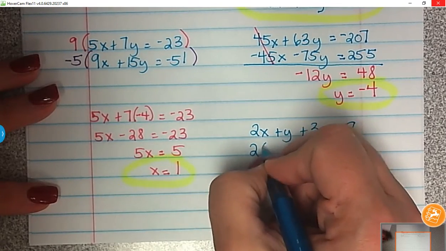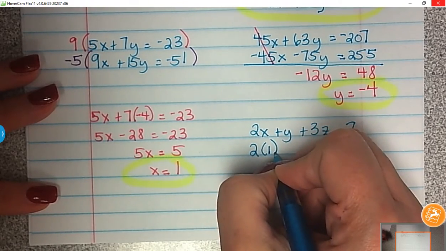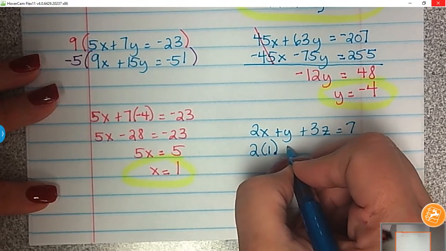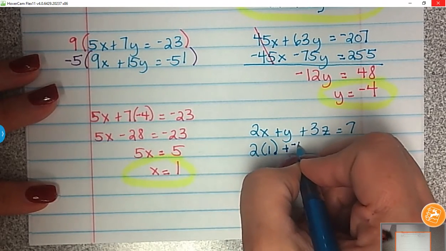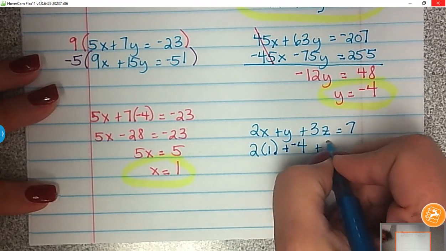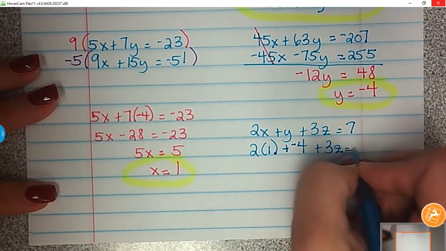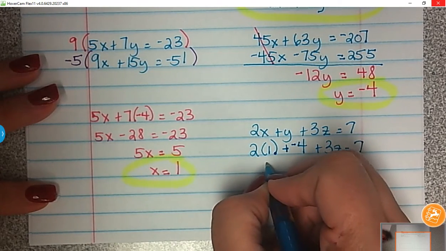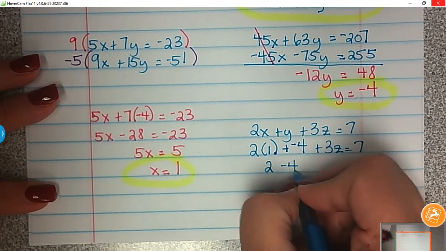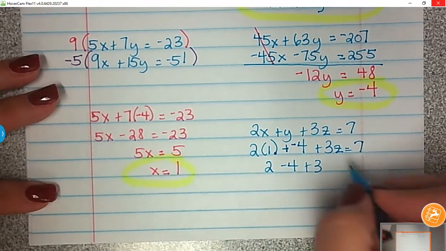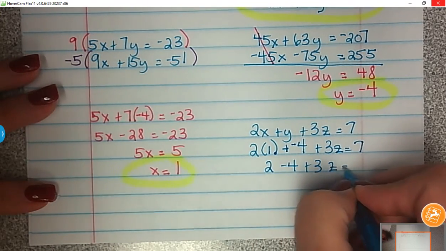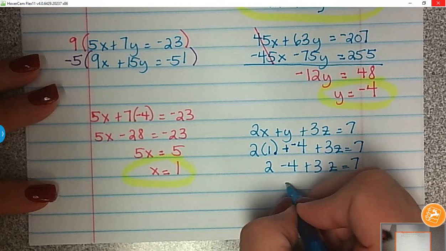Now take out the x, put a 1 in its place, take out the y, and it's going to be plus a negative 4 plus 3z equals 7. So I end up with 2 minus 4 plus 3z equals 7.